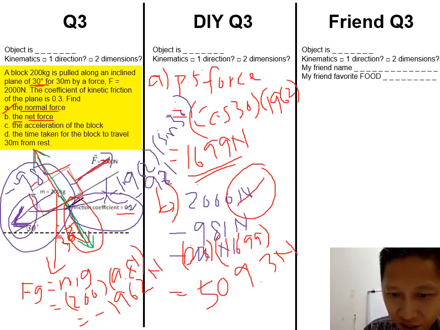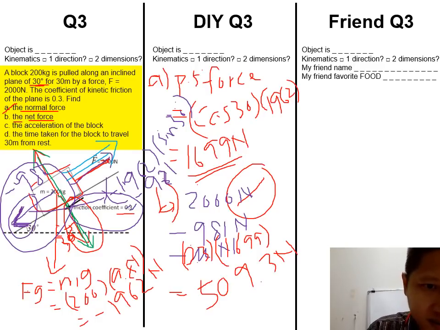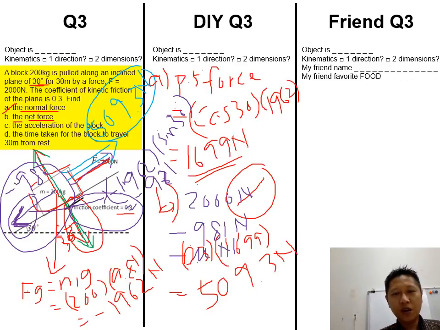I use the blue color here. 509.3, the net force. Why from 2000 Newton become 509? Because of the friction force and also the unseen gravity force pulling down.